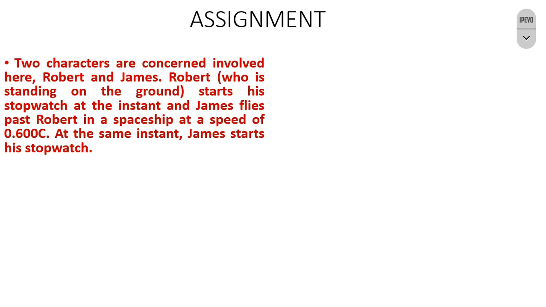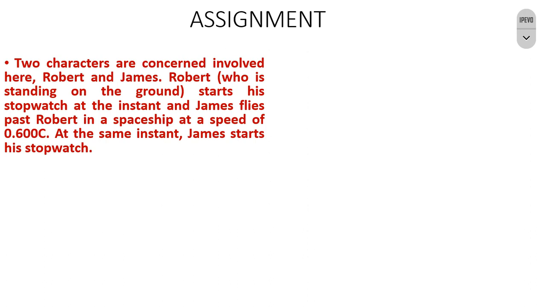Okay. Assignment. Two characters are involved here, Robert and James. Robert, who is standing on the ground, starts his stopwatch at the instant James flies past Robert in a spaceship at the speed of 0.600 c, where c is the speed of light.